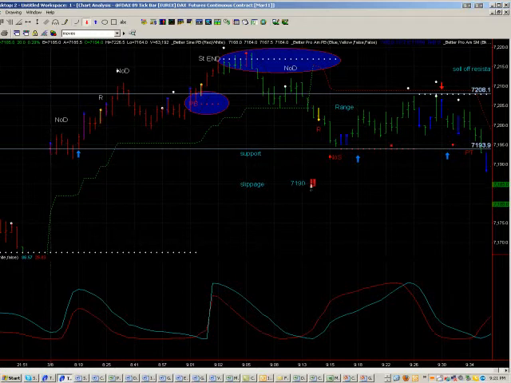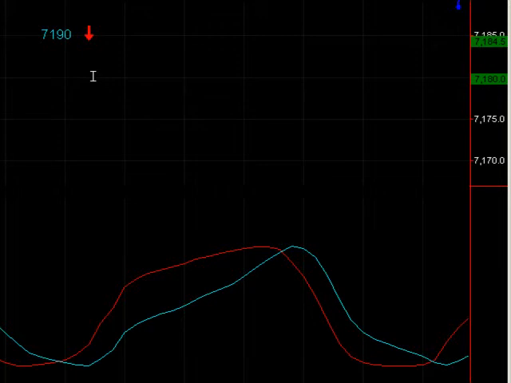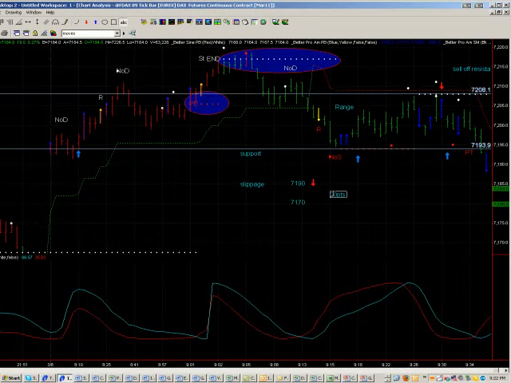You're going to, say for example, cover the trade or close the trade out at 7,170. So do we all agree that there's potentially 20 points worth of profit there? Everybody happy with that? 20 points worth of profit on that particular trade.